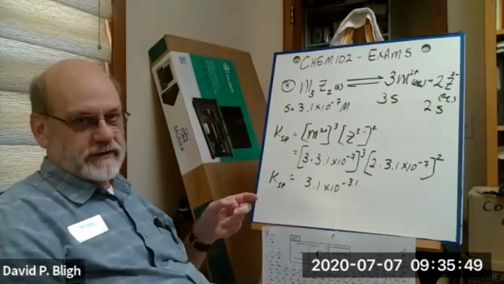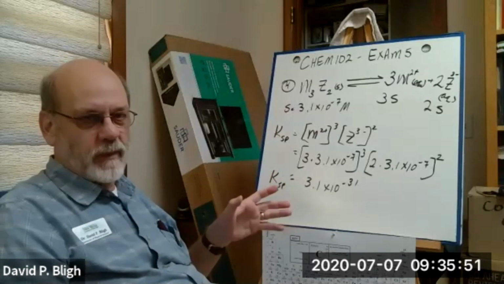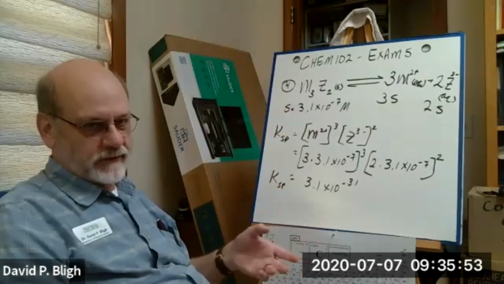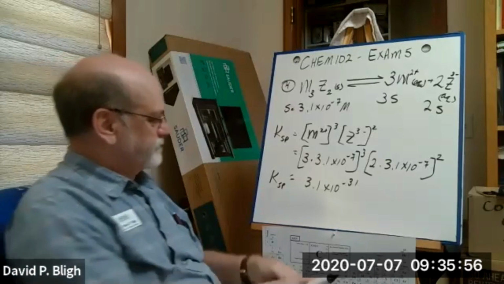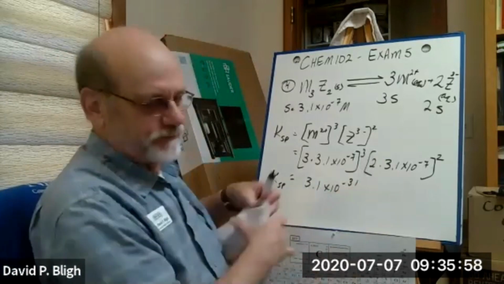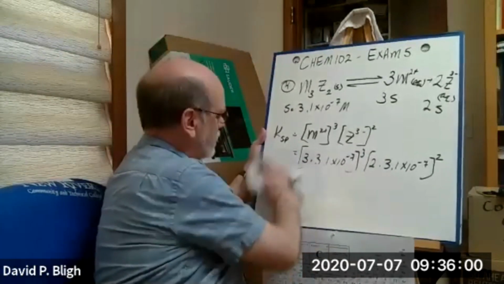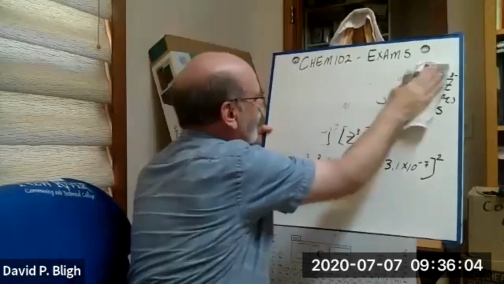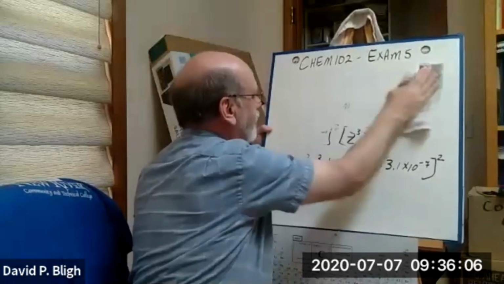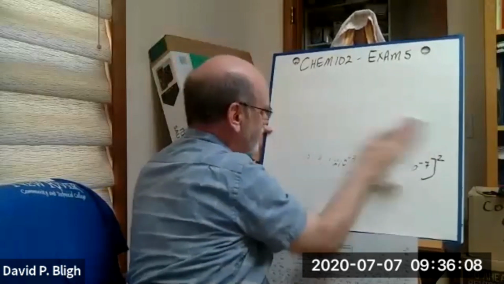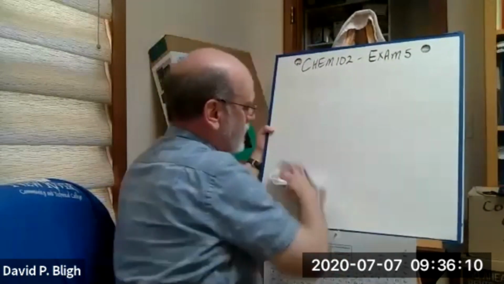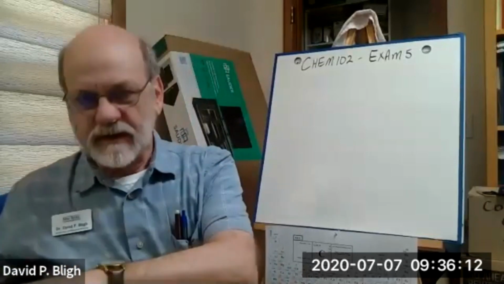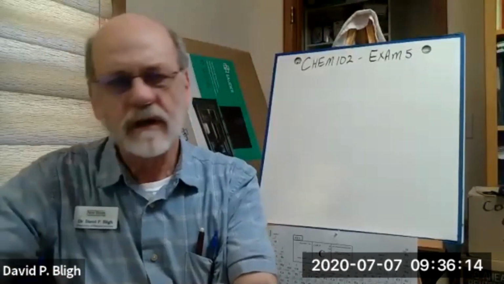PO4 3- is notorious for forming insoluble compounds. Just side note. Okay. So we can skip 5.